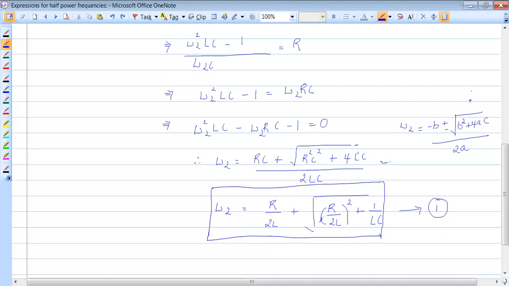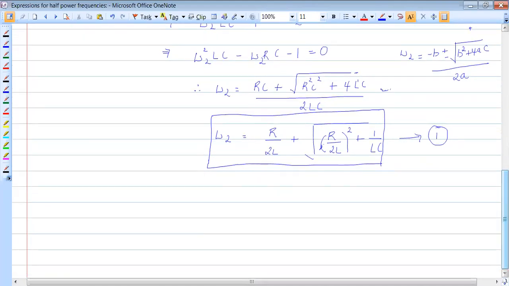Deal with the equation at f1 and f2. At omega equal to omega 1, what is true? Omega 1 L minus 1 by omega 1 C would be minus R.